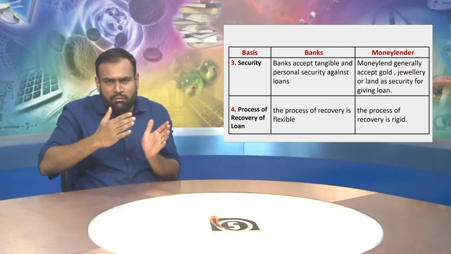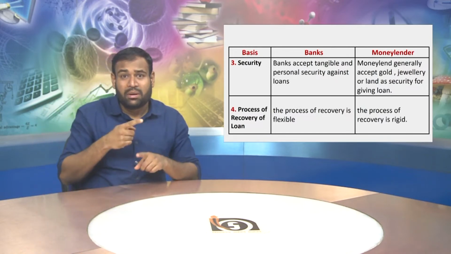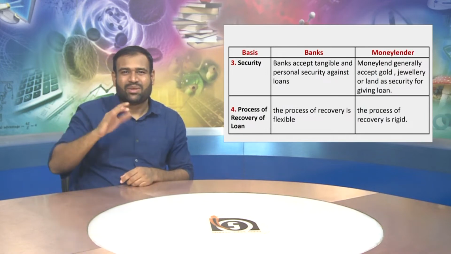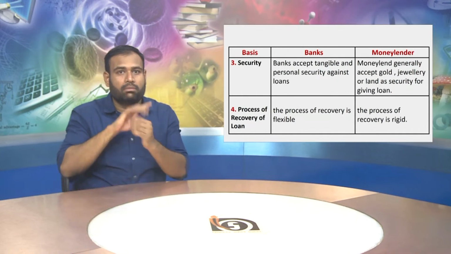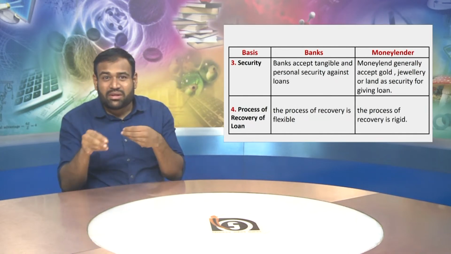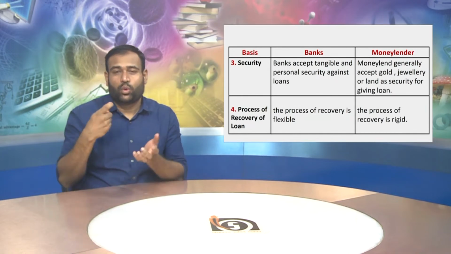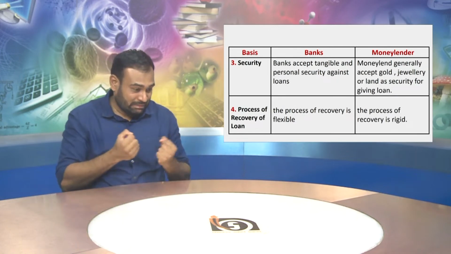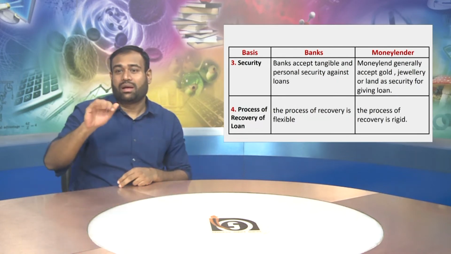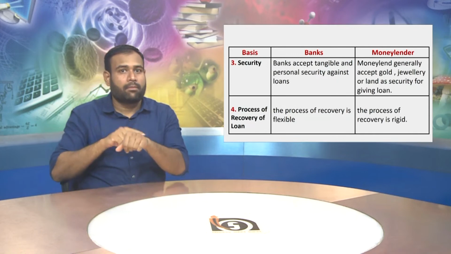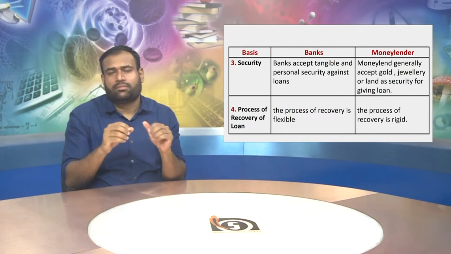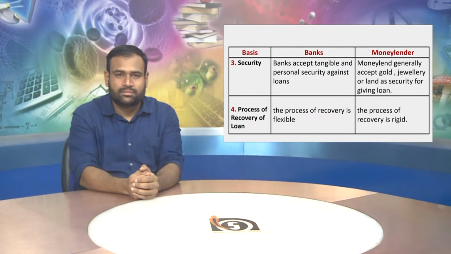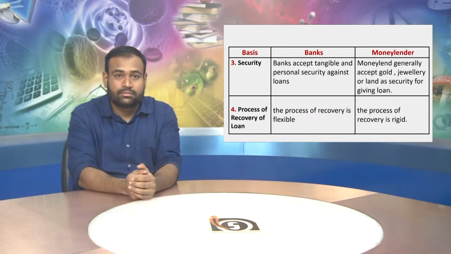That can become flexible as per the need or the situation. But in case of a money lender, the process of recovery of loan is rigid, because that is only one individual person, and we need to follow the rules and terms and conditions.